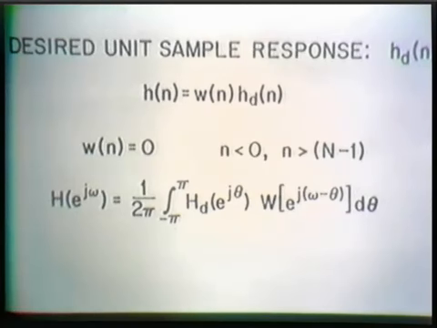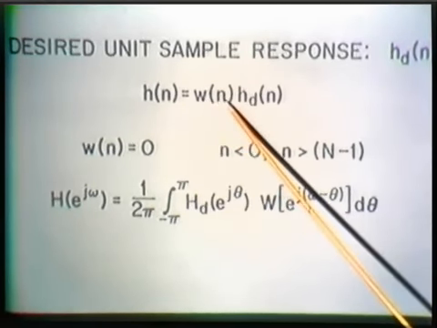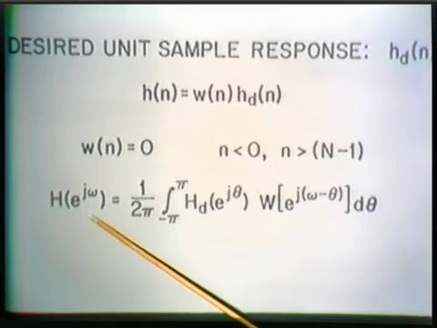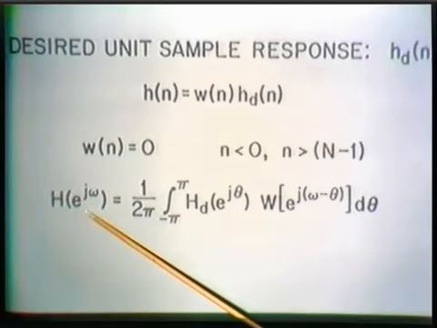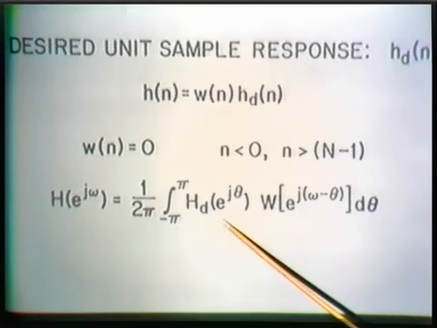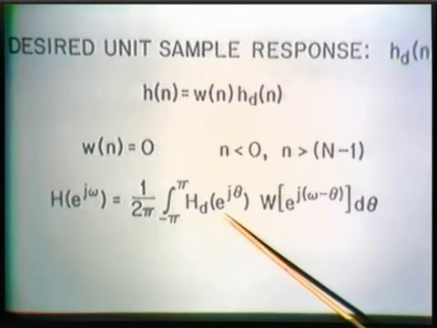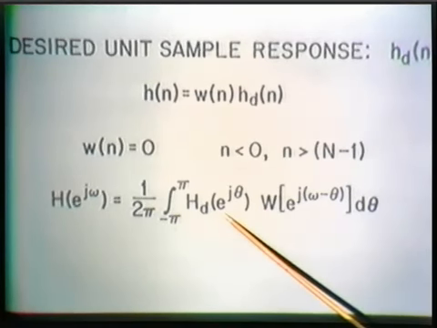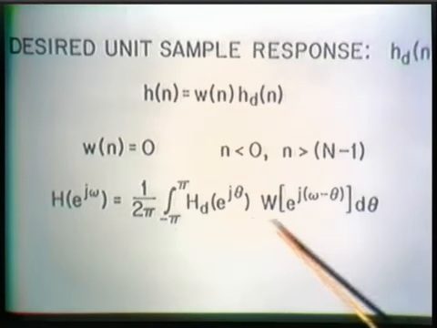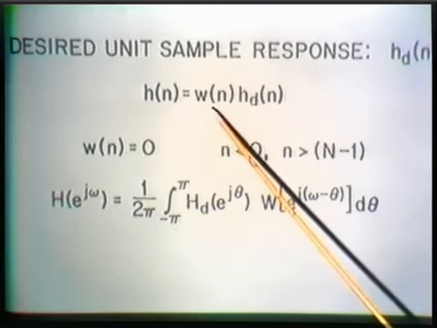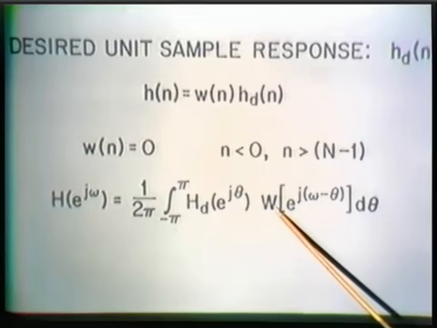Well, what is the effect of this in the frequency domain? We know that multiplication in the time domain corresponds to convolution in the frequency domain, and consequently, the frequency response of the finite impulse response filter that results is the periodic convolution of the desired frequency response, that is the Fourier transform of the desired unit sample response, with the Fourier transform of the window w of n.